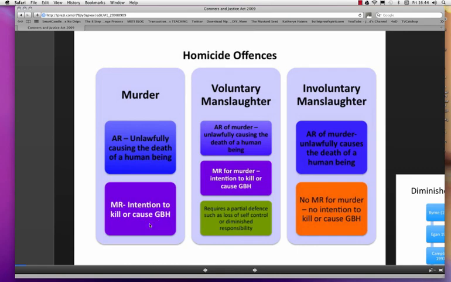And remember, Vickers is the authority case that you could use to illustrate that point, and you'll notice that for voluntary manslaughter the mens rea is also the same, intention to kill or cause GBH, and it is for involuntary manslaughter that component is actually different, where there is no intention to kill or cause grievous bodily harm.